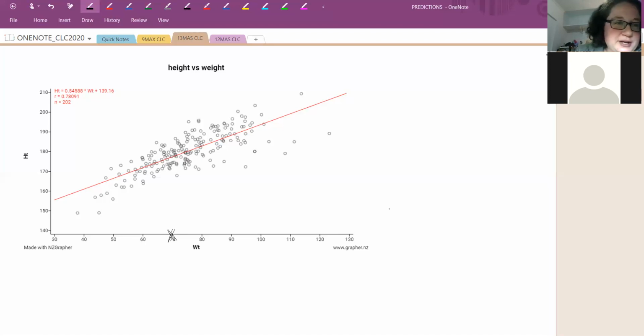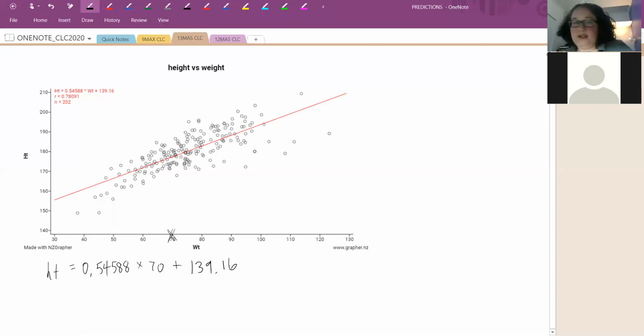So I have that my height equals 0.54588 times the weight, which is 70, plus 139.16. Okay, where's my calculator?